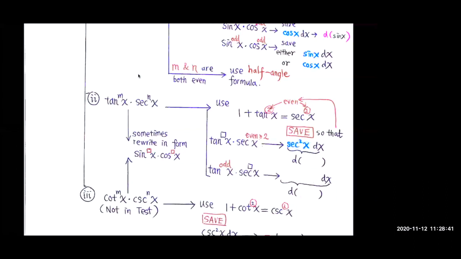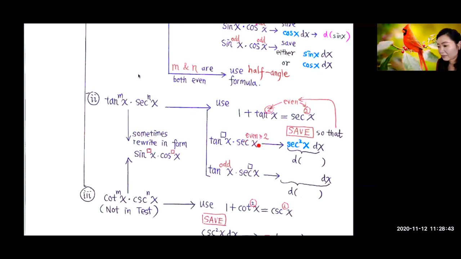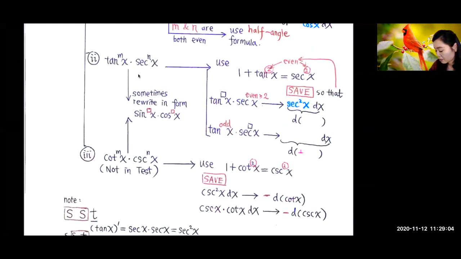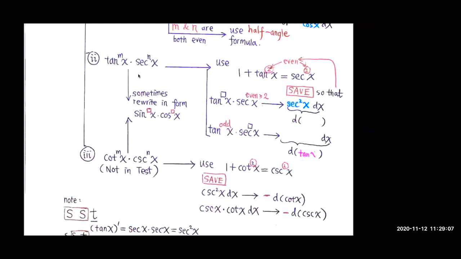That way the remaining power for secant will still be even, or there's no secant. The reason we save secant squared x dx is that it becomes d of what? Which function, when you differentiate, gives you secant squared? Tangent x.